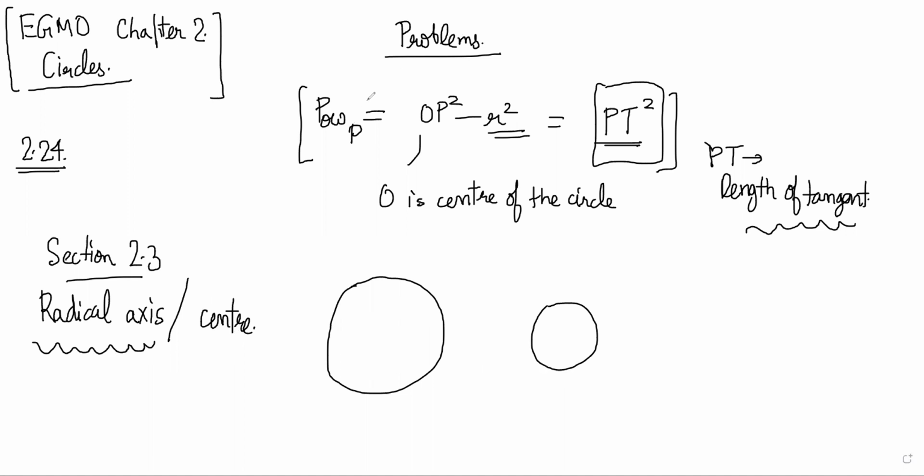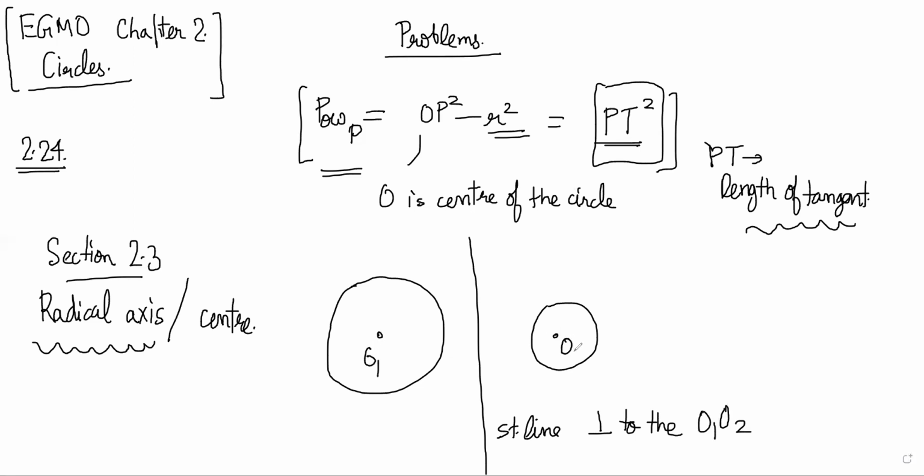So it is the set of points which have equal power with respect to both the circles. Now it turns out, and we saw that in the last class, that the set of points like that is actually a straight line. The straight line is also perpendicular to the line joining the centers. If O1 is the center here and O2 is the center here, you join them, and the radical axis will be perpendicular to that.